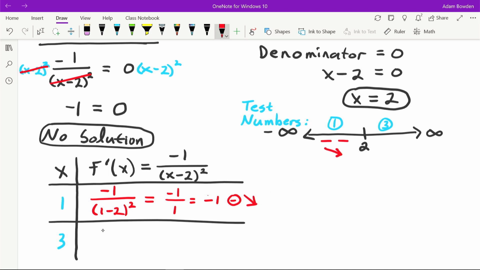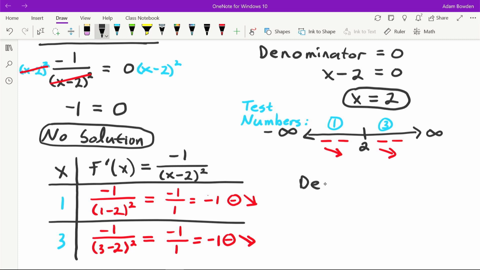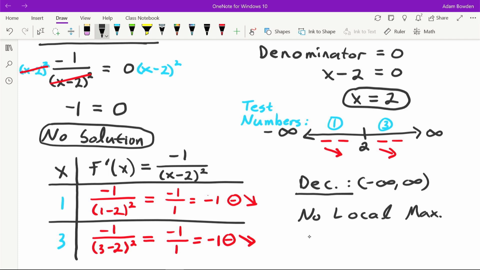For positive 3, we'll plug in that number for x, but it turns out we'll still have negative 1 divided by 1, still just a negative number, still decreasing on either side. So we're going to say that this thing is always decreasing. It's decreasing from negative infinity to positive infinity. And there are no local maximum or minimum points.